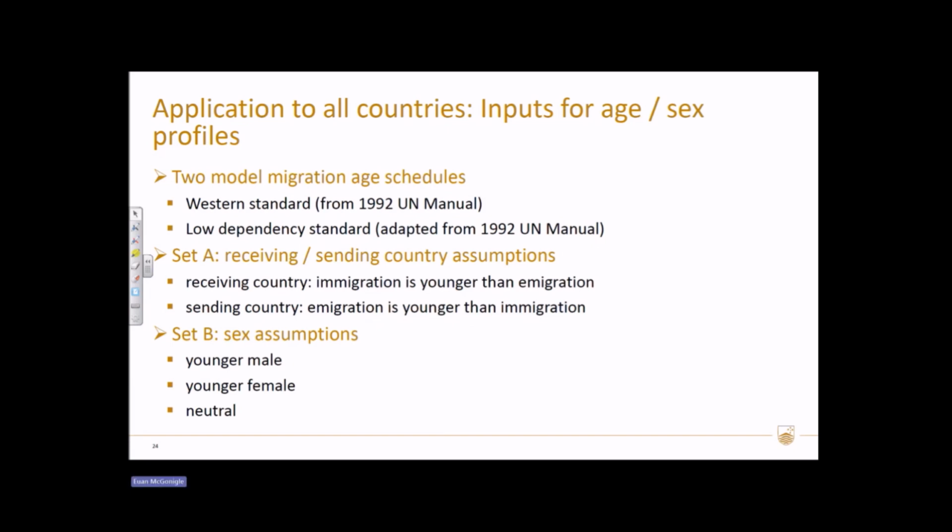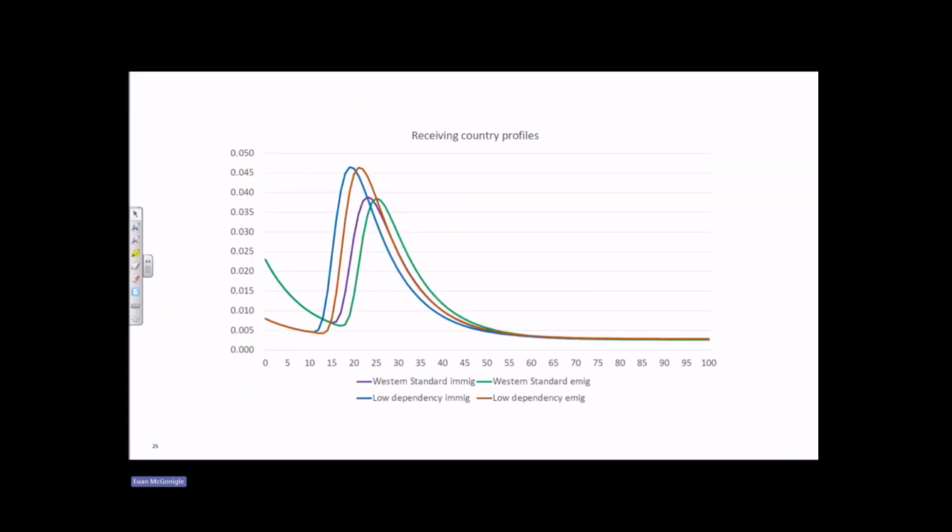And then we allowed for options by sex, so whether you expect the age profile to be slightly younger for males or slightly younger for females. The two examples I showed you are ones where the females were younger, but you may not know, and you could have the same. So the age profiles we used, at least in the first iteration, look like this. This is for a receiving country profile.